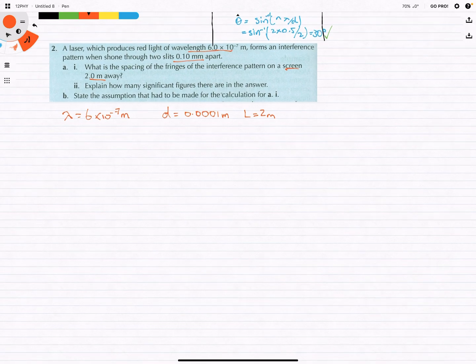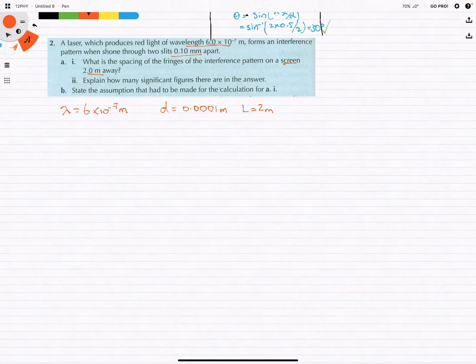Part 1. What is the spacing of the fringes on the interference pattern? So we want to know x, the fringe spacing.